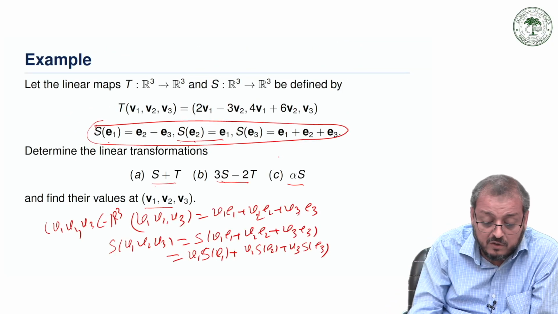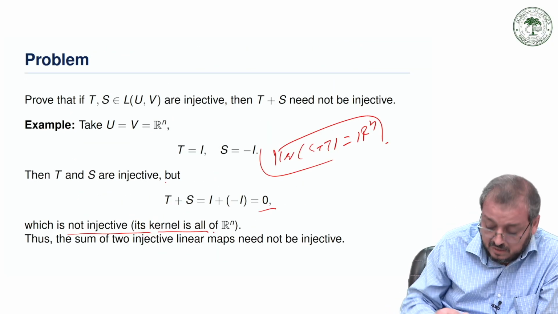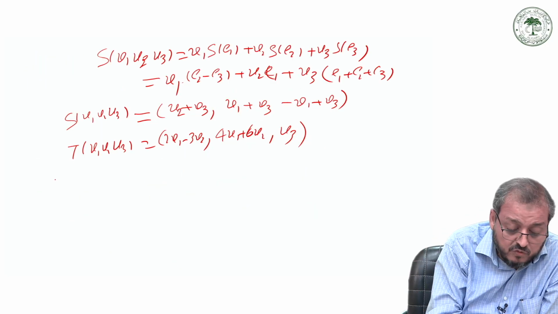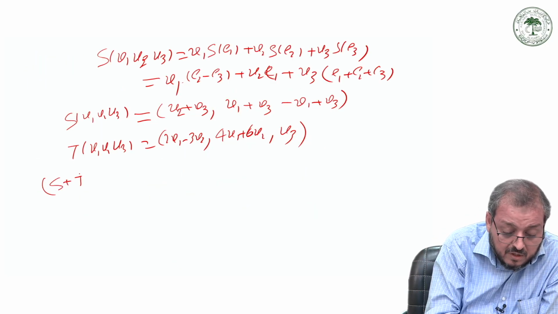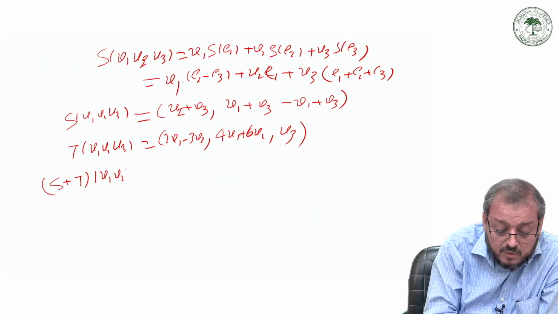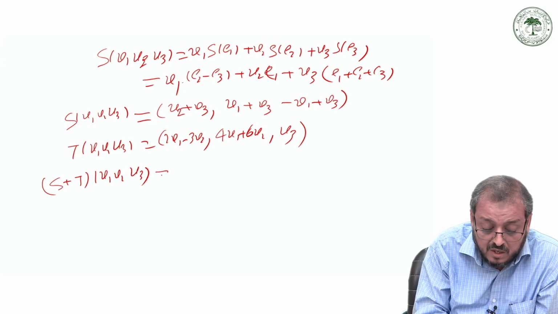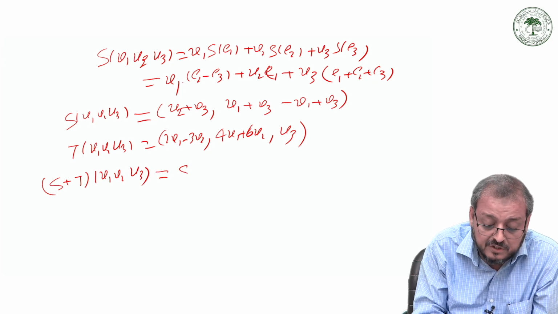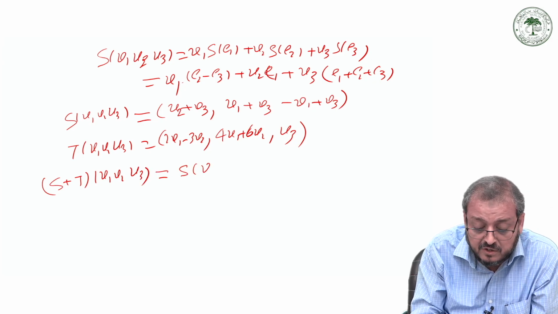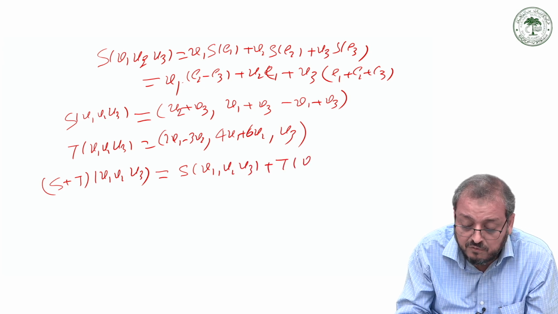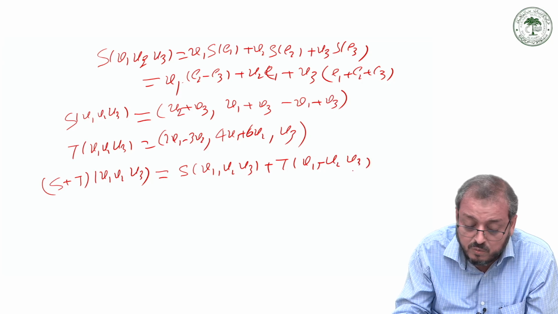Now we calculate S plus T. (S + T)(v1, v2, v3), by the definition of the sum, is S(v1, v2, v3) plus T(v1, v2, v3).